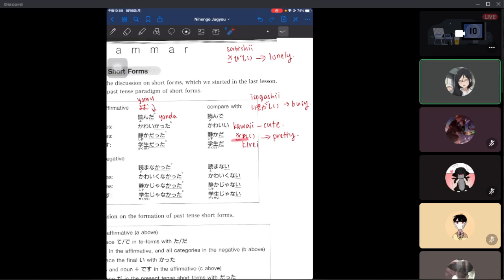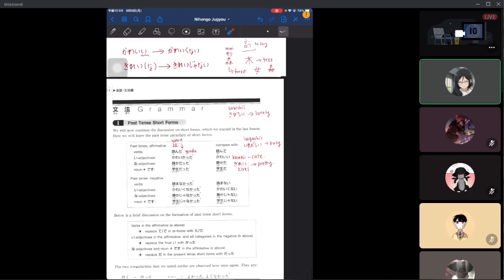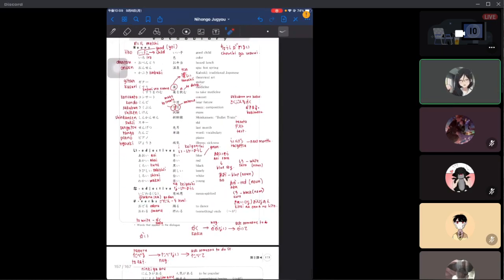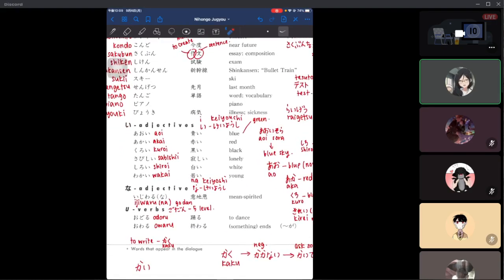This one you have to be careful with, and some of you might ask how you differentiate between e-adjectives and na-adjectives. Basically, you have to look at the vocabulary page. They always put them in categories already, showing which falls under e-adjectives and which falls under na-adjectives every time we learn new vocabulary.